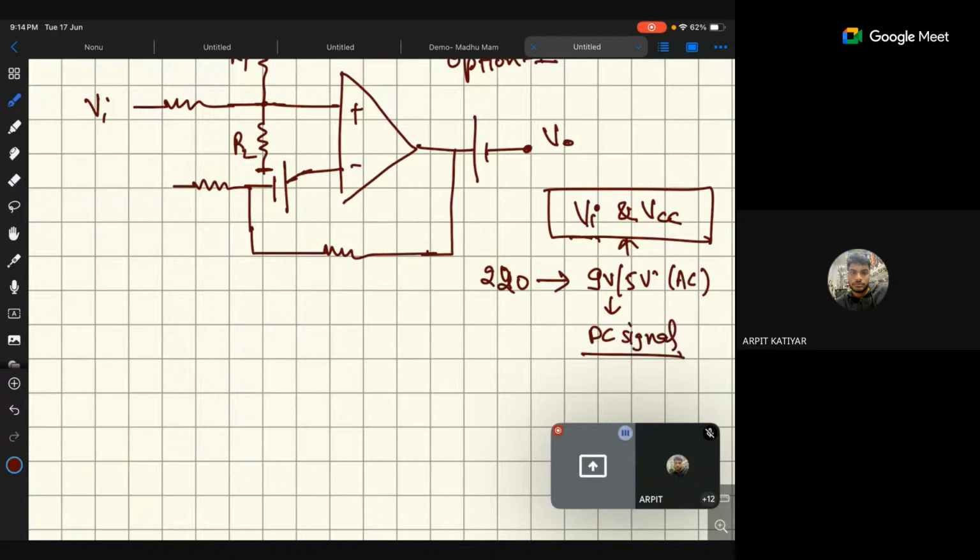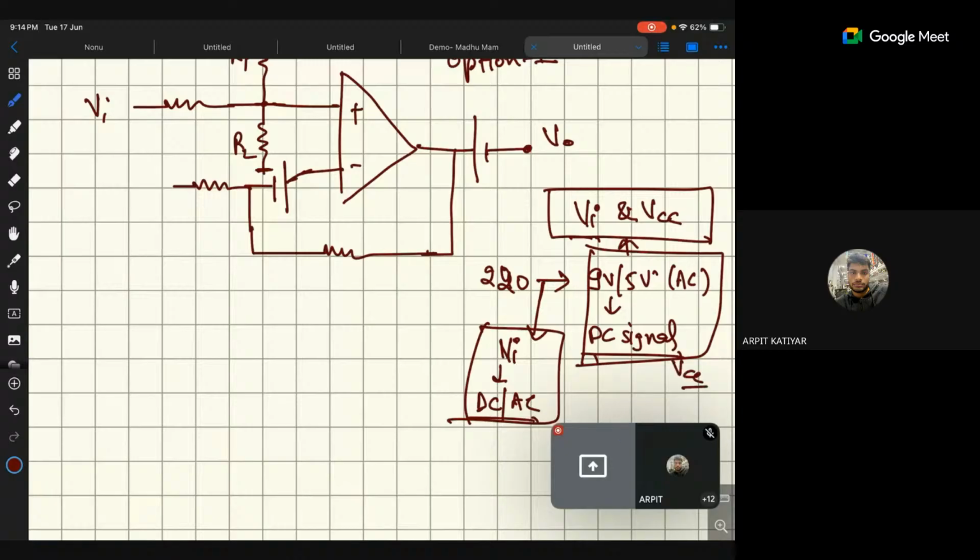Second, I require one more circuit to produce the Vi, and from that Vi I can use either a DC or AC signal. So we require one circuit for VCC and one circuit for Vi. This is the problem. Converting the AC signal into two different supplies is quite typical and complex. Why? Because in a single circuit with two different supplies, there is a chance that they may short.